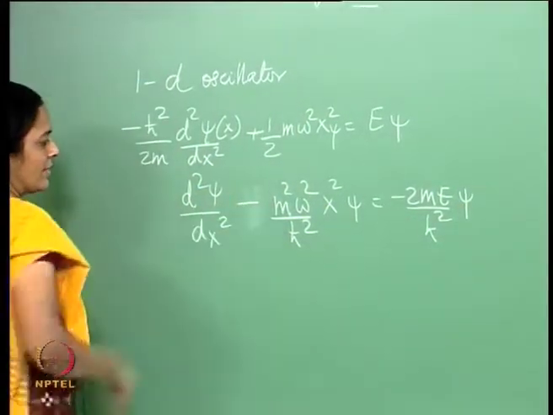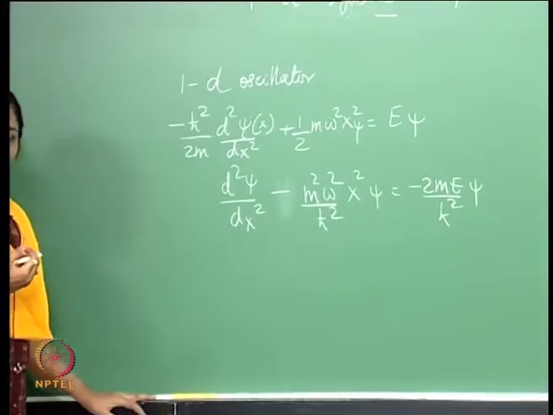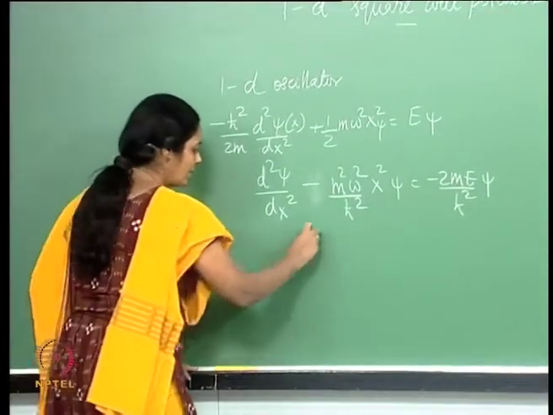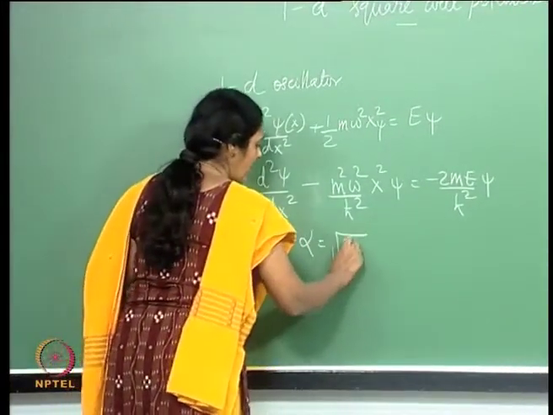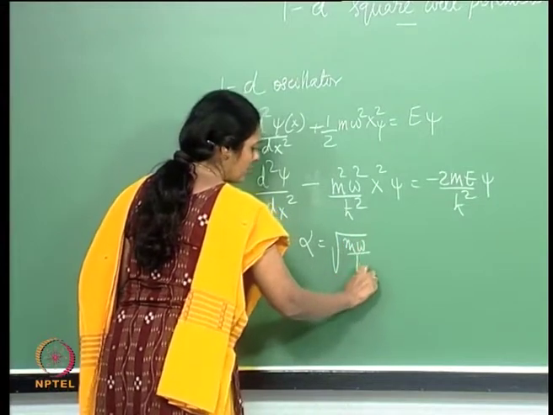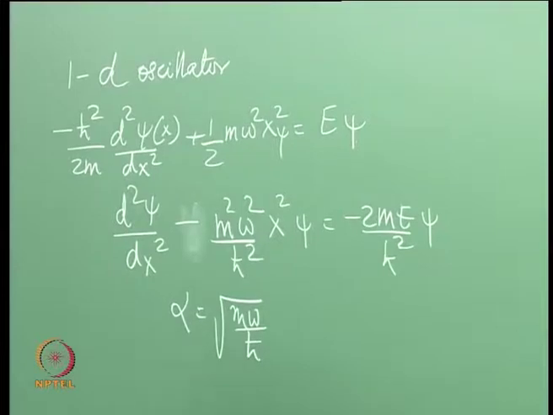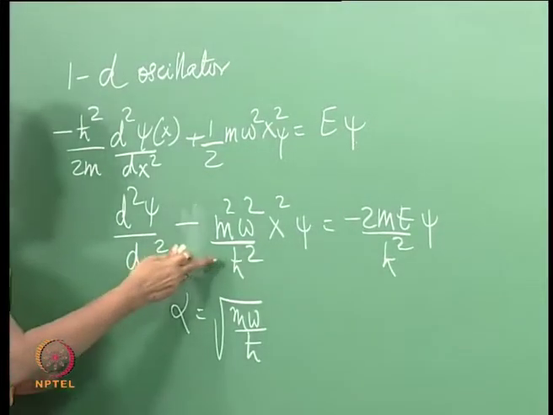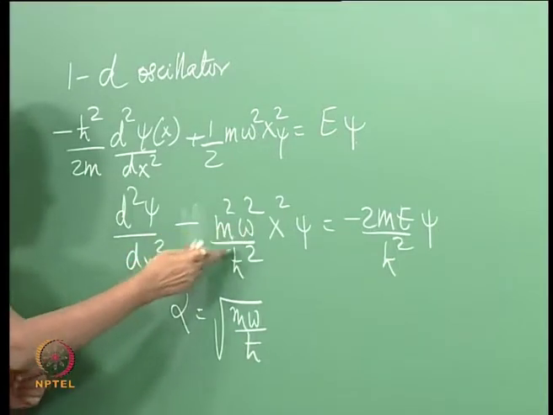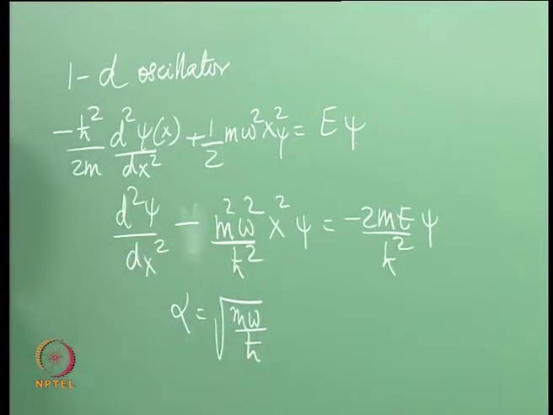And then we said that there is an object of dimensions of inverse length here. In my notation, alpha was root of m omega by h cross. Now that's an object of the dimensions of inverse length, which I have made using the constants that are available here, m, omega and h cross, given to me in the problem.